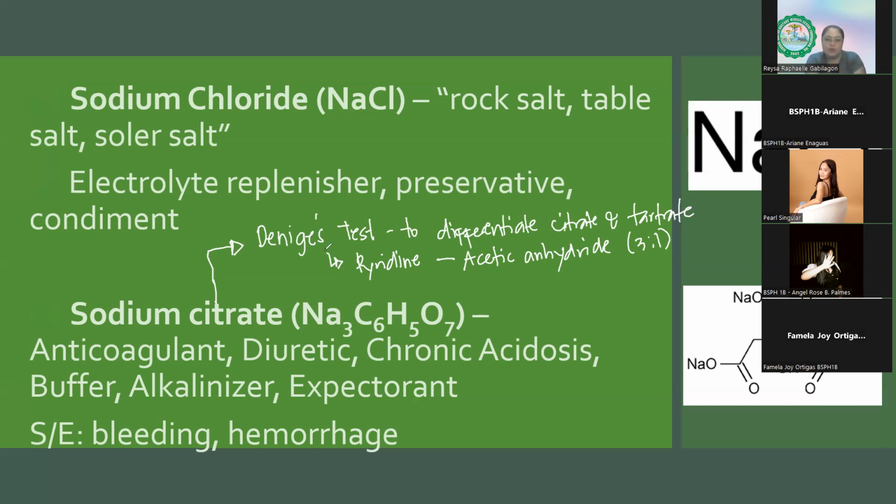Yan yung solution na ginagamit sa test. And then again, ginagamit to siya to differentiate citrate and tartrate. If your sample contains citrate, the resulting solution will be carmine red. Pero if your sample contains tartrate, the result will be emerald green. Okay? Again, that's how you differentiate citrate and tartrate. It's the Nitsche test.